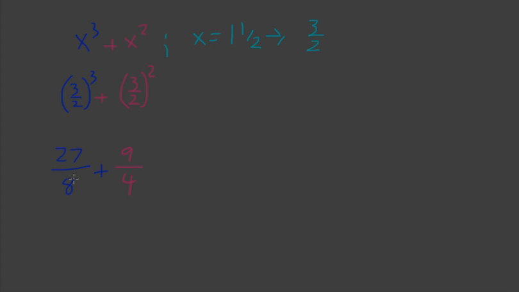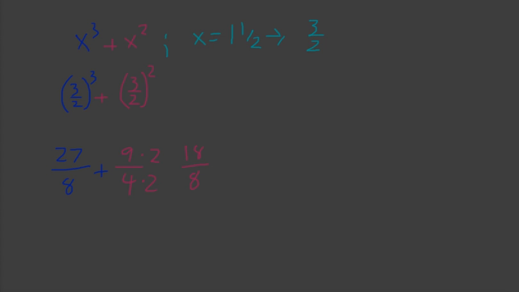Fortunately for us, this 8 is readily made. All we have to do is times this by 2 to get to an 8, because 4 goes into 8 2 times. Thankfully this 8 is ready made, and when we times this, we get 18 over 8.